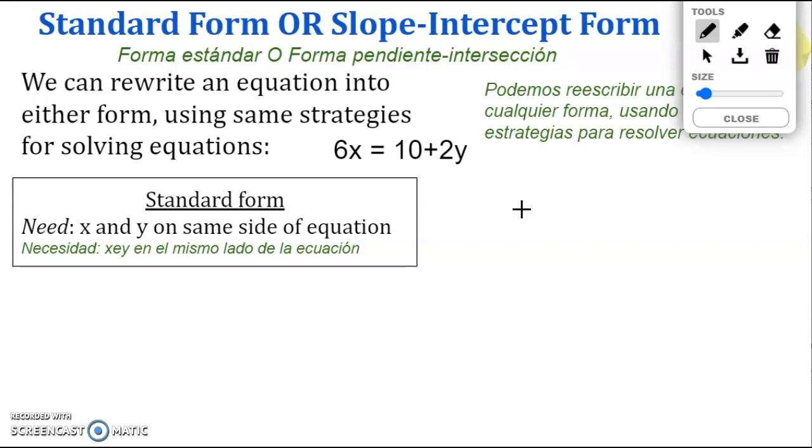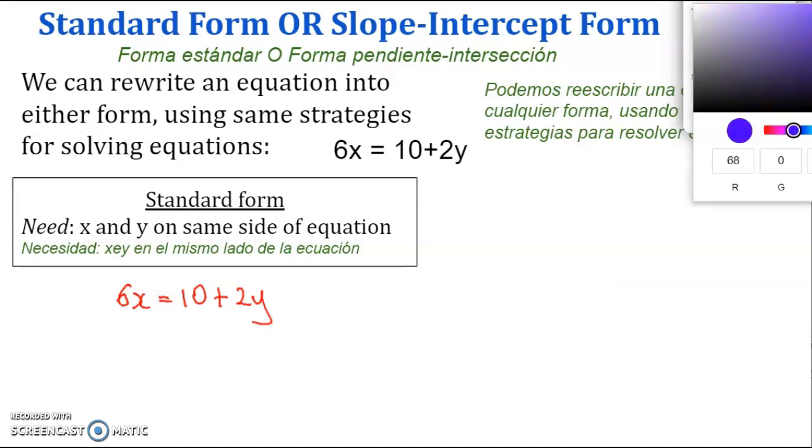We would subtract. So we are starting with 6x is equal to 10 plus 2y. And to get rid of this 2y, since 2y is being added on the right hand side, we would subtract 2y from both sides.